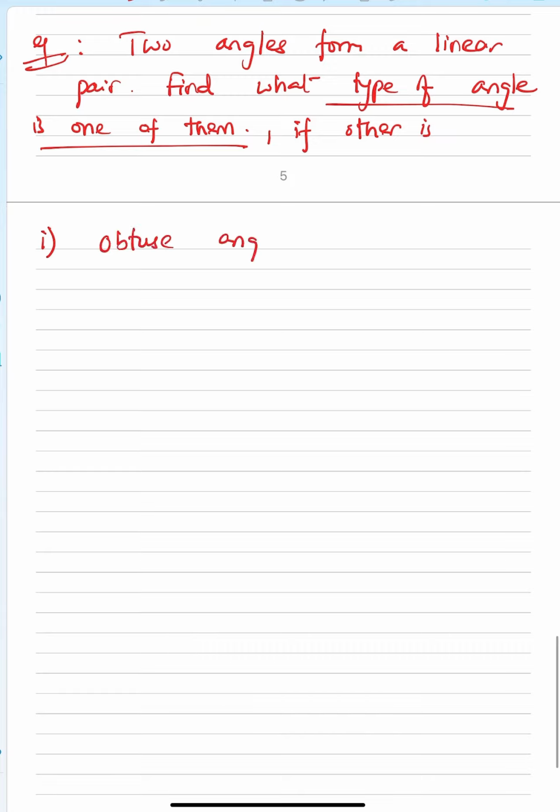If the angle is obtuse, then to form a linear pair the other should be acute. If the angle given is acute, then the other angle should be obtuse to form the linear pair.